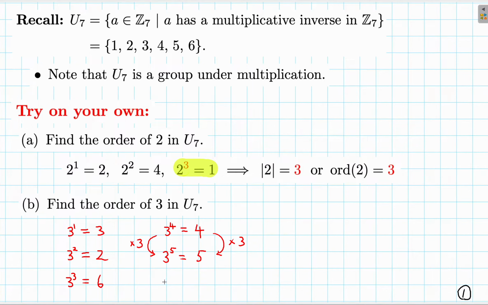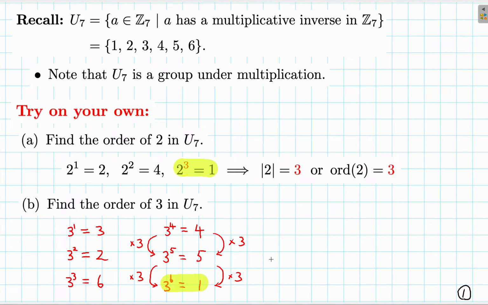Not 1 yet, and 3 to the 6, again, 3 to the fifth times 3 gets us 3 to the 6, same thing on the other side. So 5 times 3 is 15, mod 7 is 1, finally. So there's our desired exponent, namely 6.